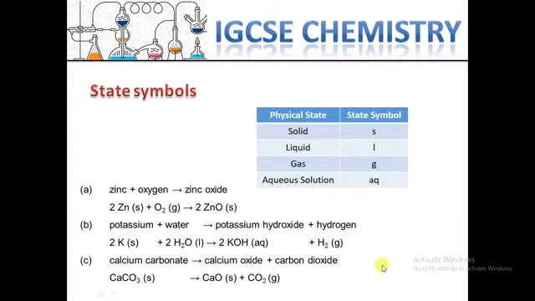These are some state symbols which give you more information when you look at the chemical reactions.